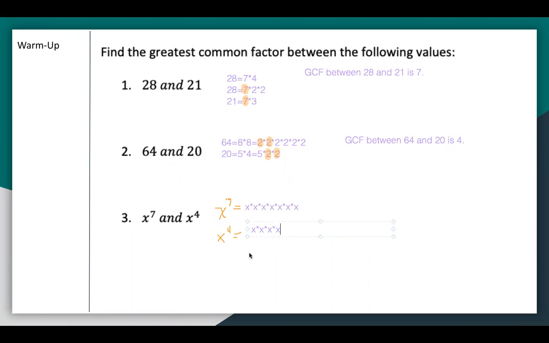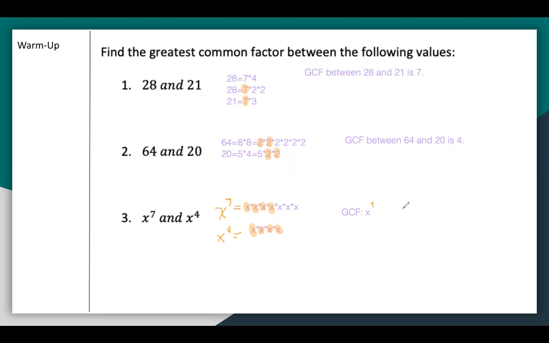And if we look at this, what we can realize here is just like what we did in questions 1 and 2, we can highlight the common factors here, and we can see that we have x's in common. And more so, what we can say is the greatest common factor here in question number 3 is x to the 4th, x times x times x times x, or x to the 4th power.